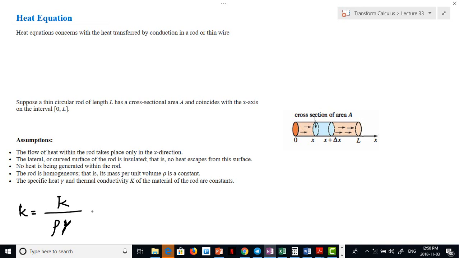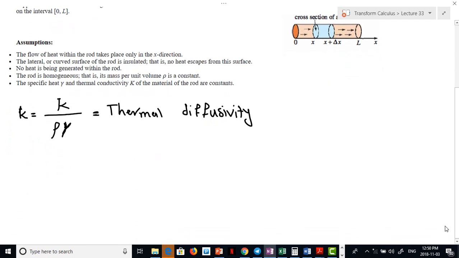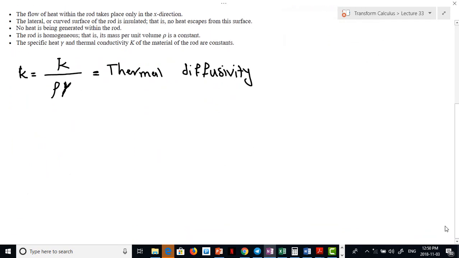We call this parameter the thermal diffusivity. So if we have this parameter, the general form of the heat equation is in this form.